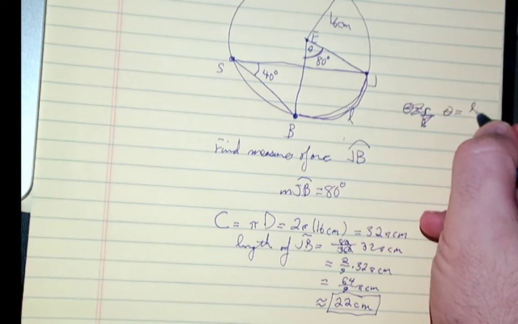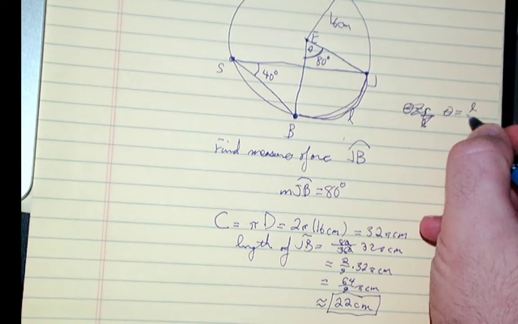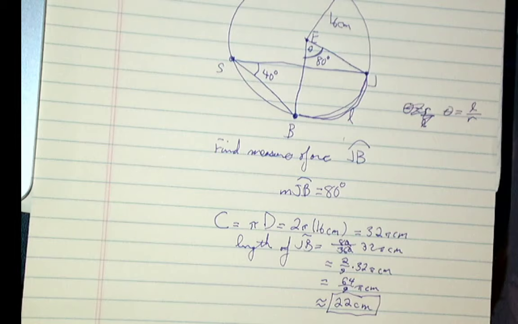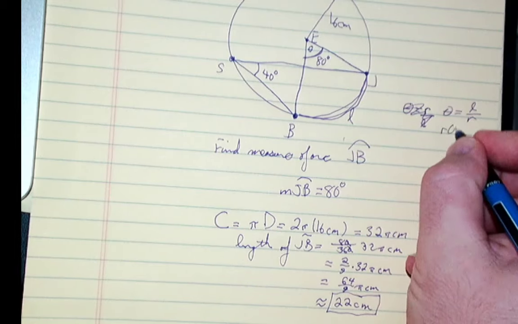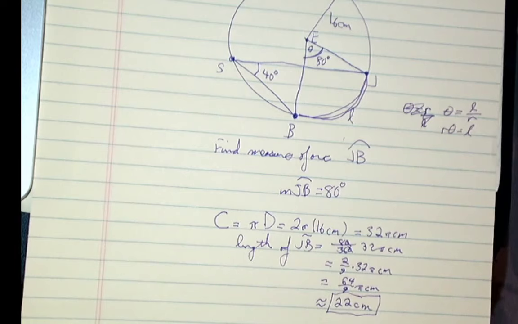Theta is equal to the arc length divided by the radius. So if we were using radians, all we would have to do is multiply by the radius and we'd be done immediately. But in this case, sadly, we don't have that.